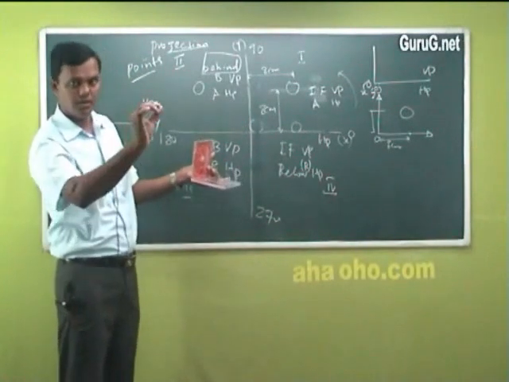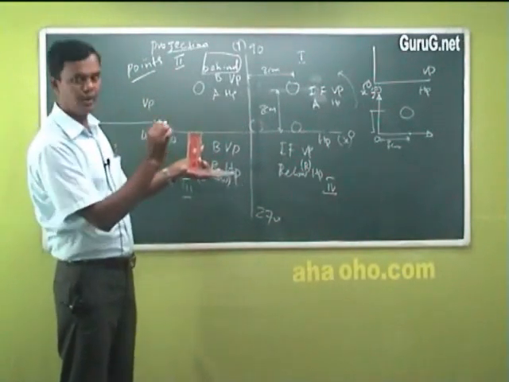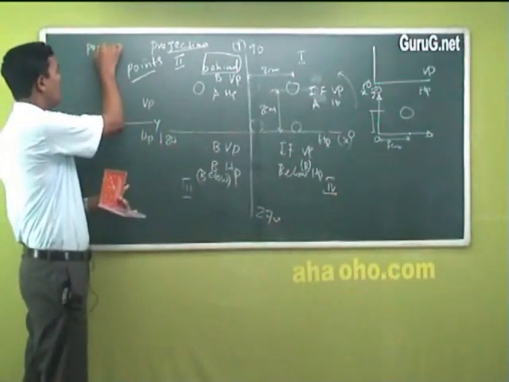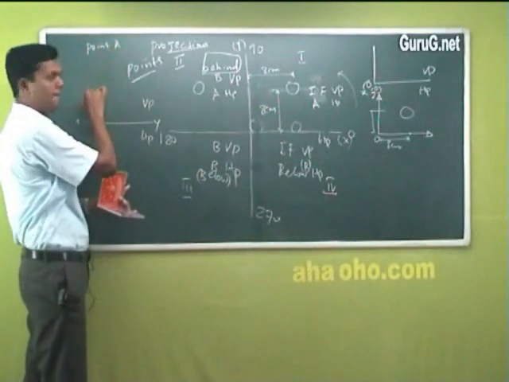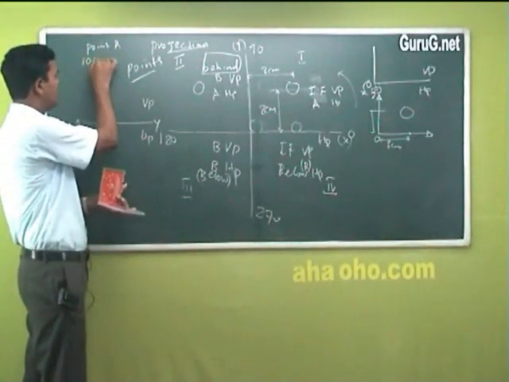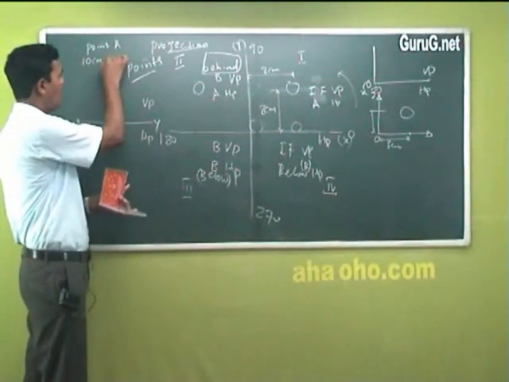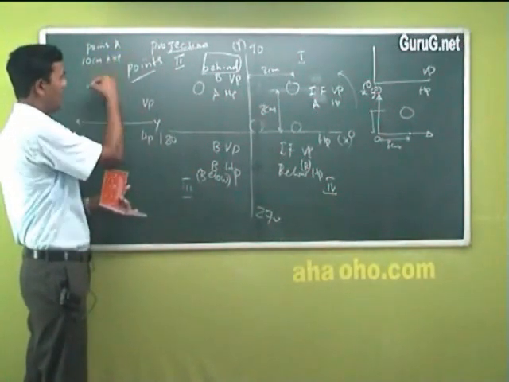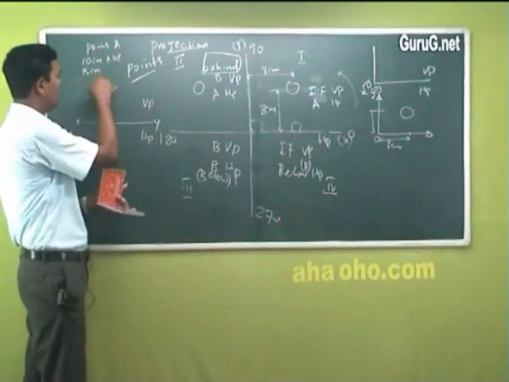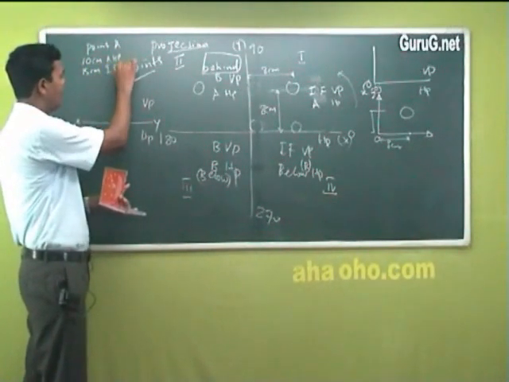I'll just tell about a question. A question: a point A which is 10 centimeter above HP and 15 centimeter in front of VP.